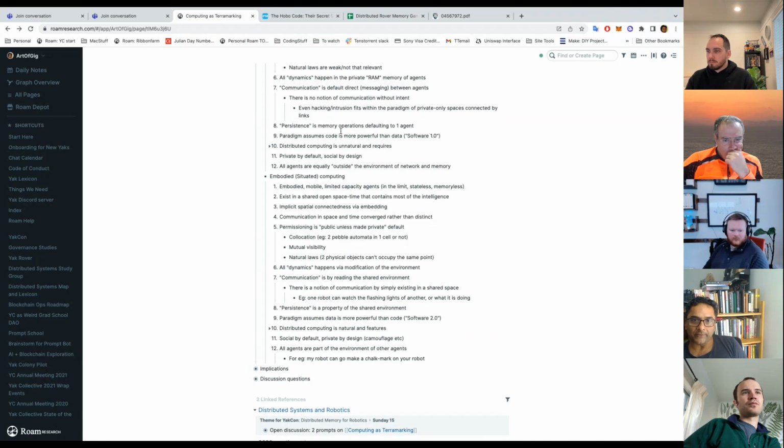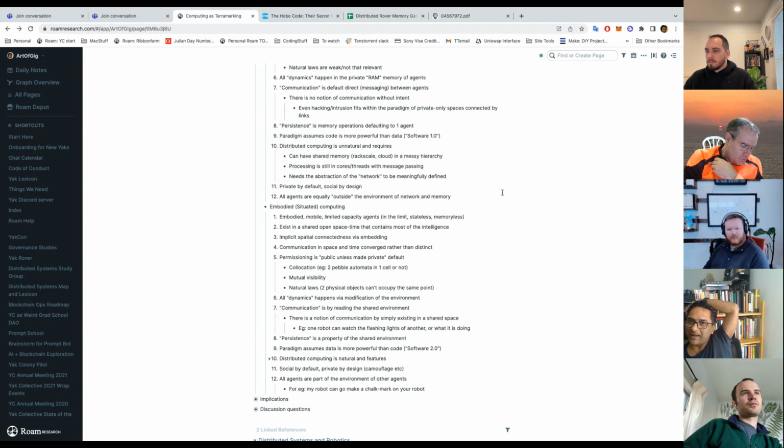Let's see. So persistence is memory operations for one agent. So item number 8, whereas persistence in situated computing is a property of the shared environment. And I think fundamentally, situated computing is more software 2.0 in Andrej Karpathy's sense, whereas traditional computing really is more software 1.0, where code is more powerful than data.